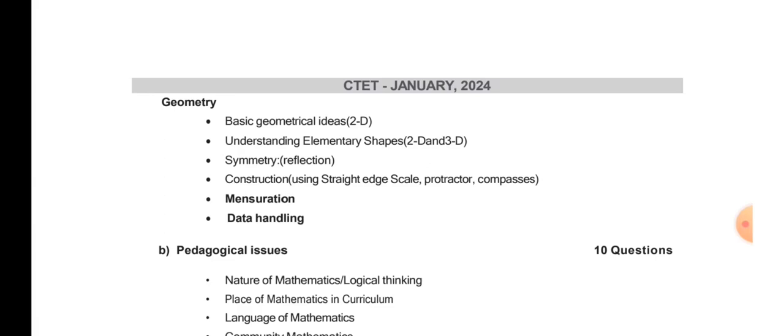Then constructions, all right, using straight edge, scales, protractor, compasses, how do we use them? Then mensuration you should know, data handling you should know, right? So these things you should know. Basics of geometry you should know, and basics of algebra you should know, right?